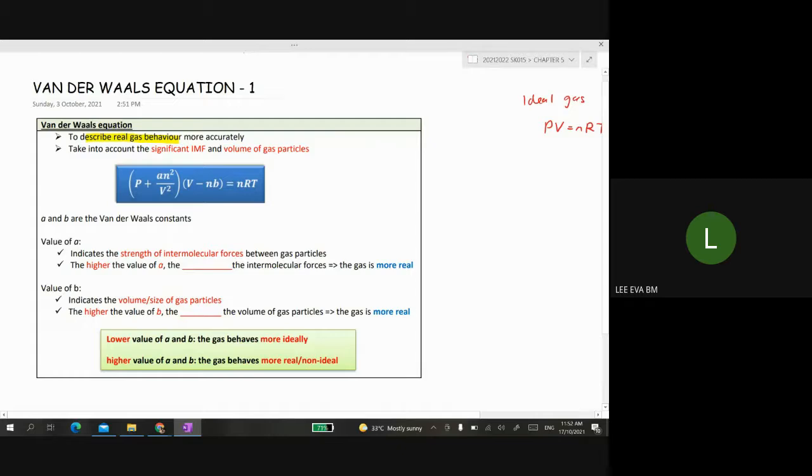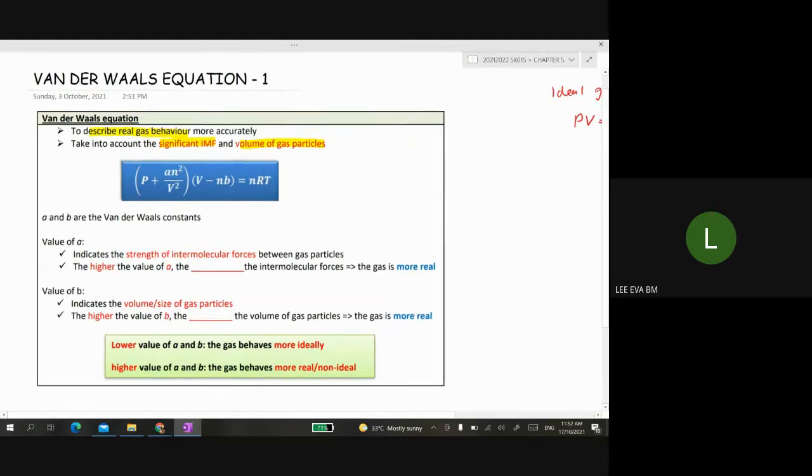In this van der Waals equation, it also takes into account your significant intermolecular forces and the volume of your gas particles, because in real gas conditions we have significant intermolecular forces and the volume of gas particles. Both constants a and b are van der Waals constants. It is quite similar to our ideal gas law, PV equals nRT.